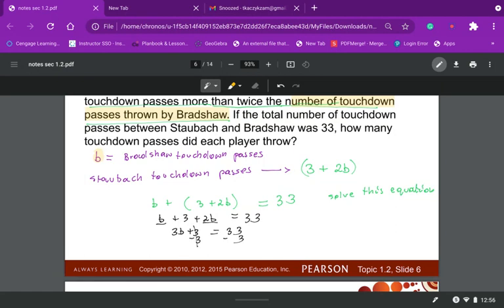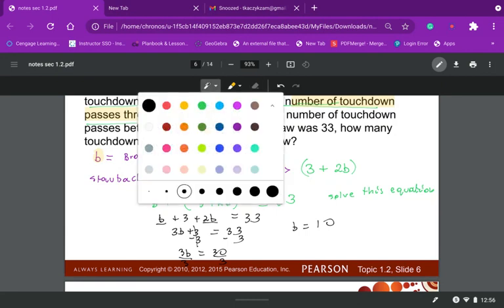And we have 3b equal 30. And just divide both sides by 3. So we're dividing by 3, and that will give us that b equals 10. Okay. So don't forget that b stands for Bradshaw touchdown passes. So that will be our solution.